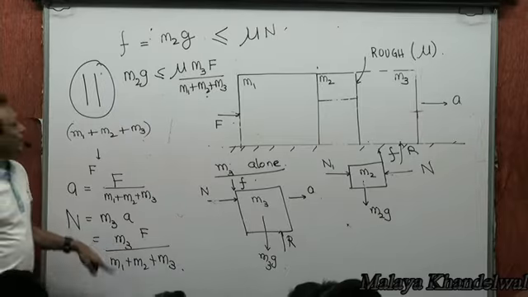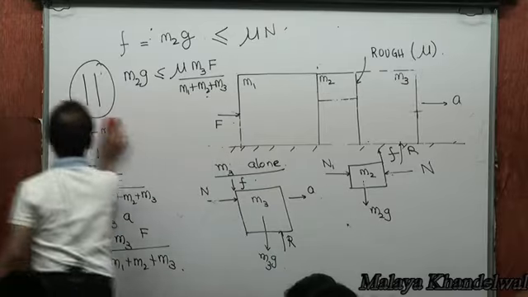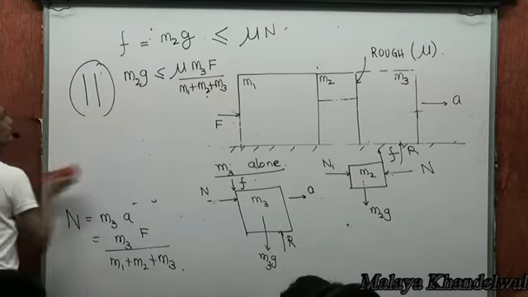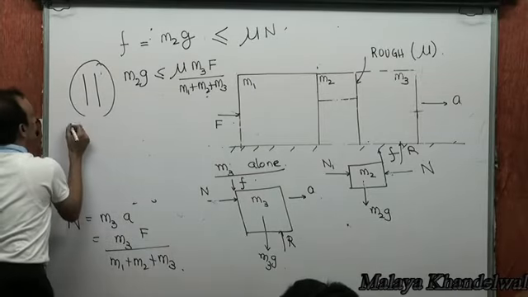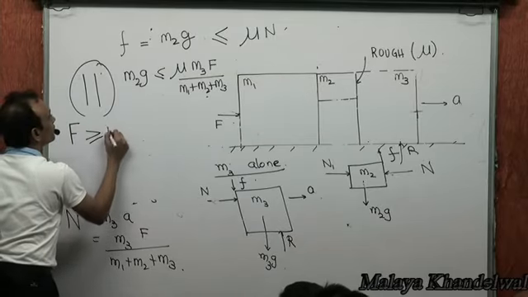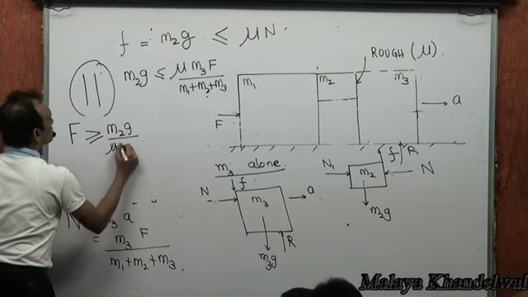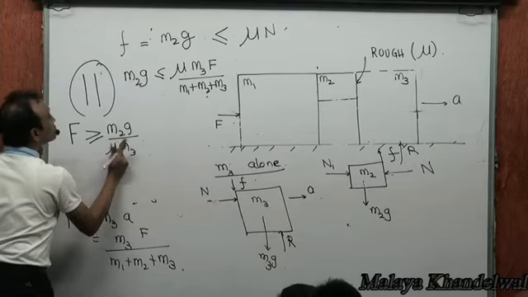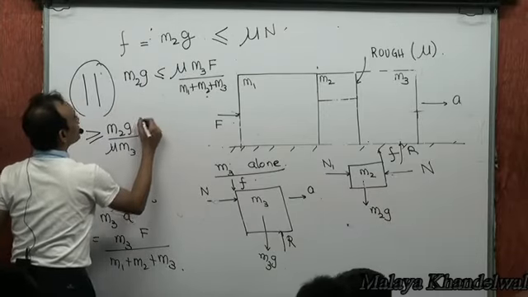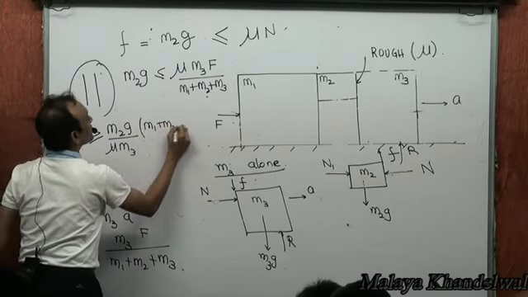Therefore, from this equation, F must be greater than or equal to M2g by mu M3, into M1 plus M2 plus M3.